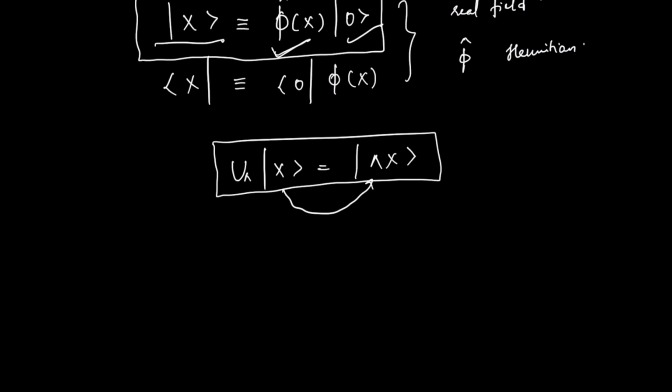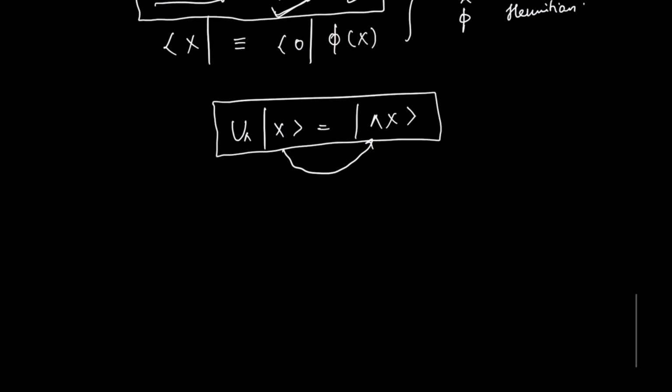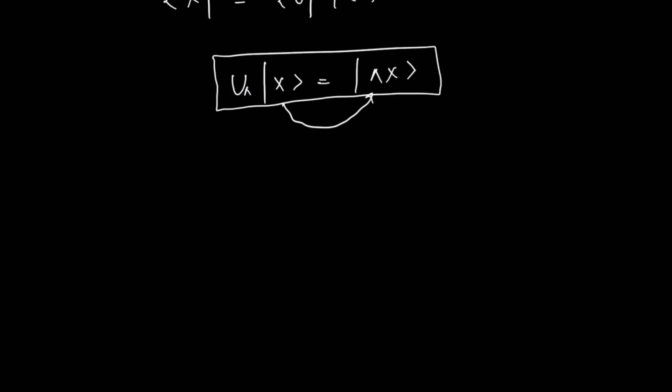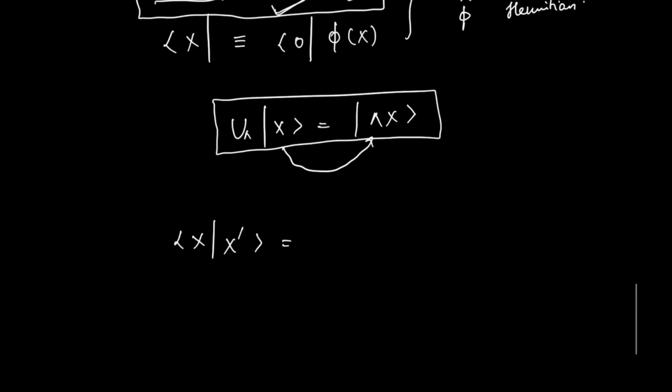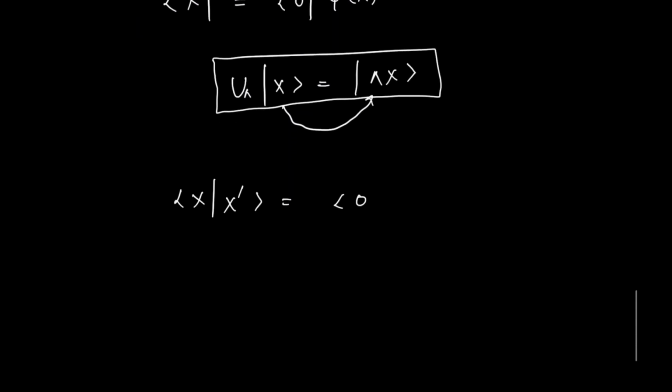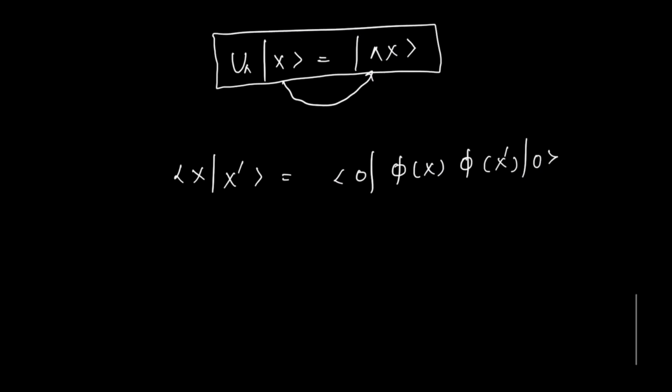Now consider the overlap between two such states. Then <x|x'> will be equal to, by definition, what is |x>? Phi acting on the vacuum. So this will be the vacuum, phi of x acting on the vacuum, phi of x' acting on the vacuum. This is the overlap between two such states.